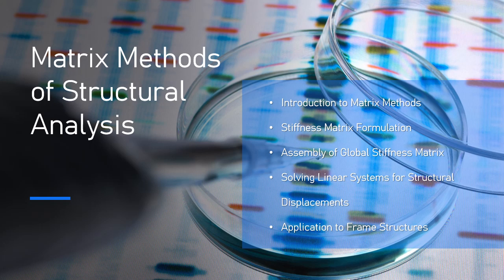Identify degrees of freedom, DOF. Each node in the structure has a set of DOFs, which represent the displacements, translations and rotations that can occur at the node. For a 2D frame, each node typically has 2 translational DOFs and 1 rotational DOF. The number of DOFs for the entire structure will be the sum of the DOFs for each node.